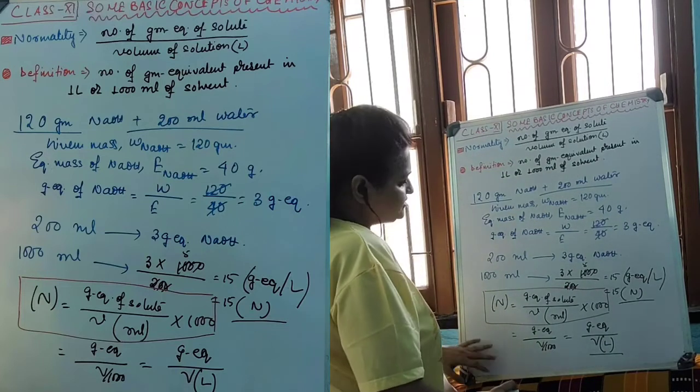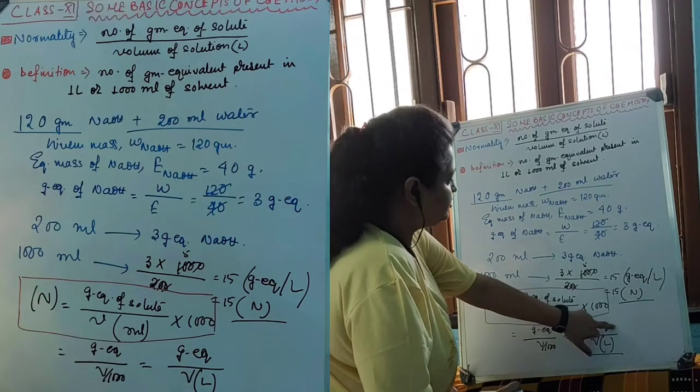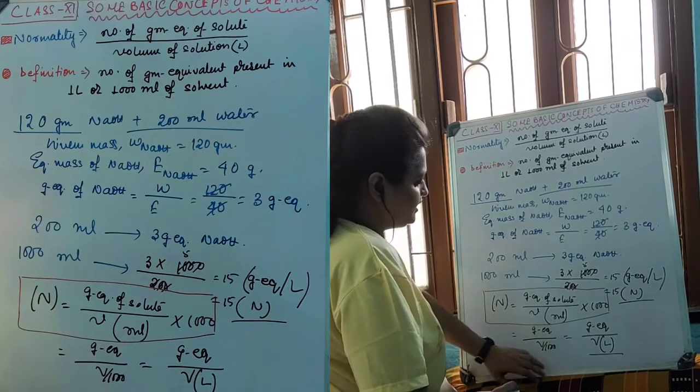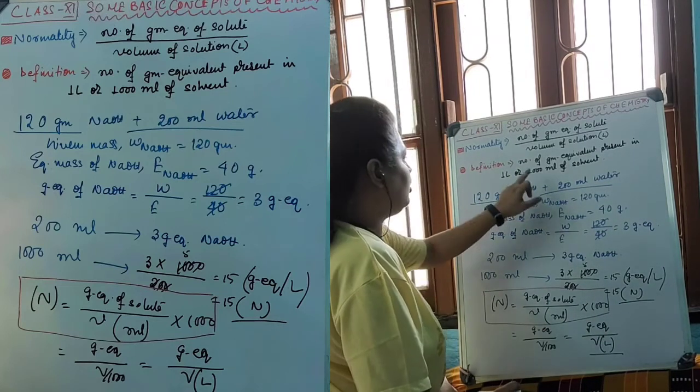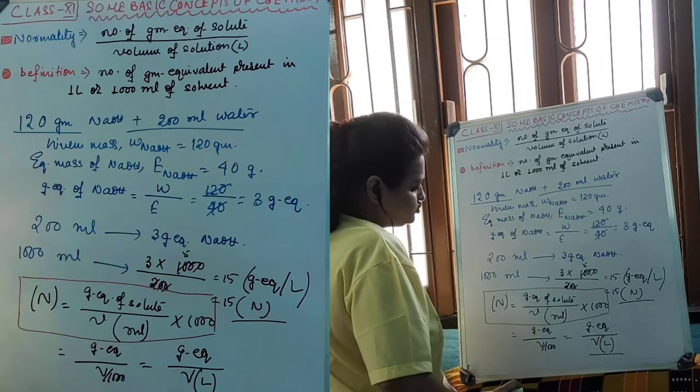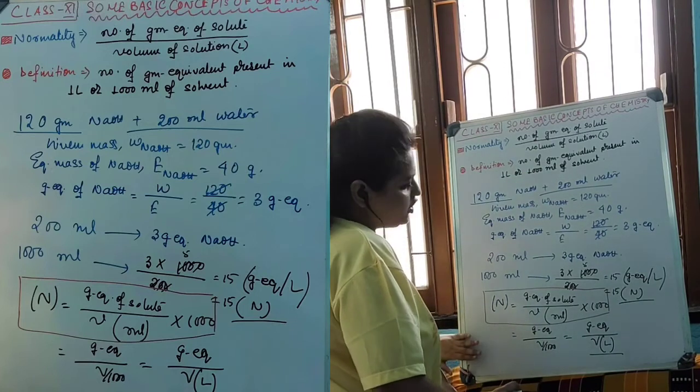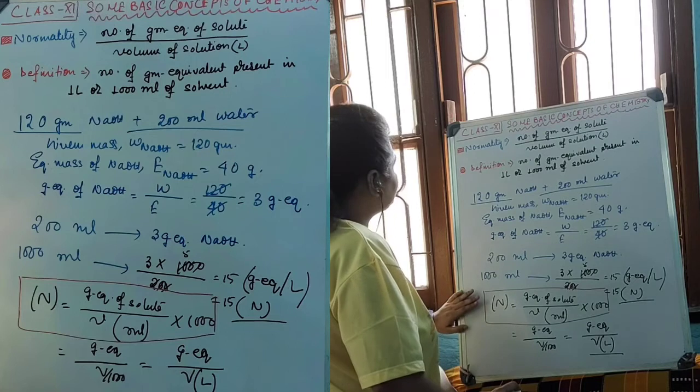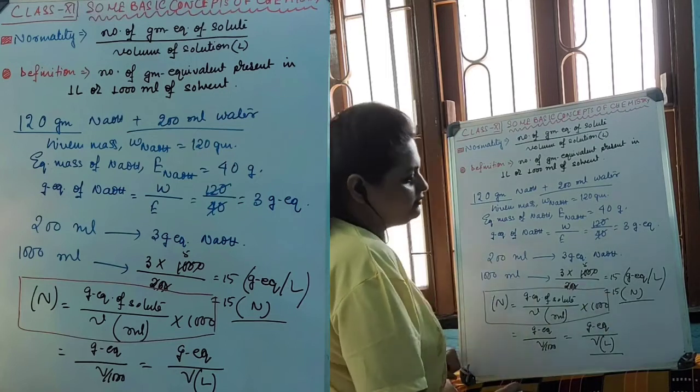And the definition is as follows: number of gram equivalent of the solute present in 1 liter of solution. This is the basic concept of gram equivalent per liter, or normality.